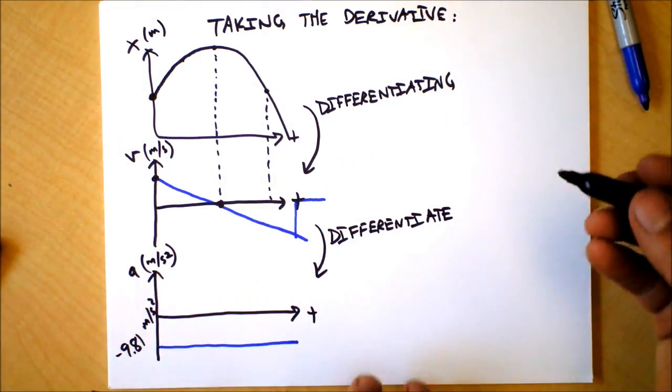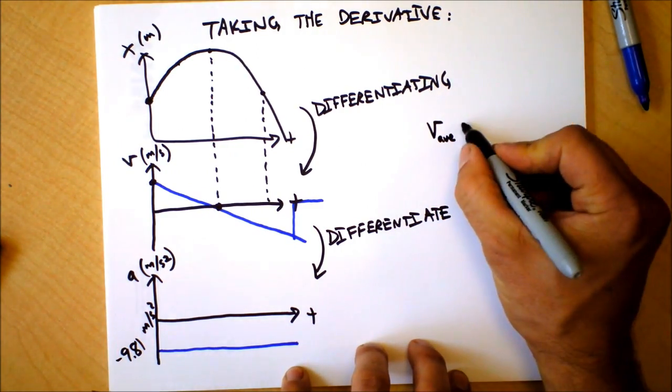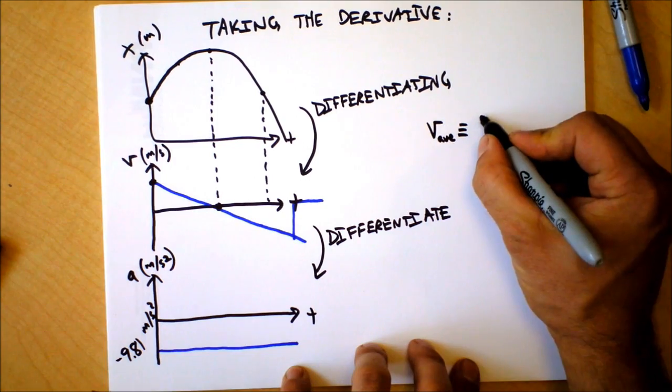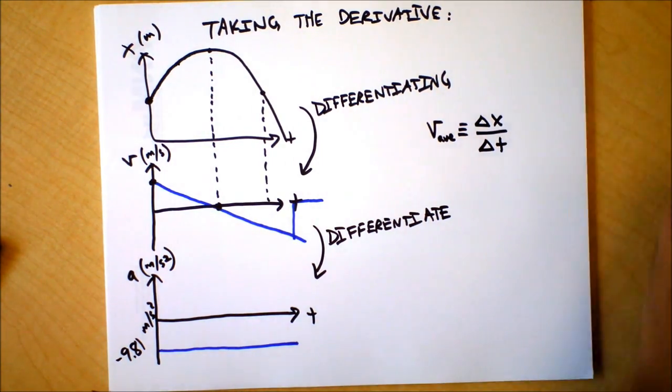Another thing I want to point out is this definition of V average. V average we've defined over the past year as delta x divided by delta t. Now that's not calculus language at all. That's not very fancy.